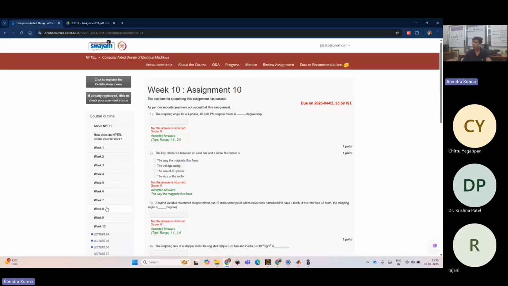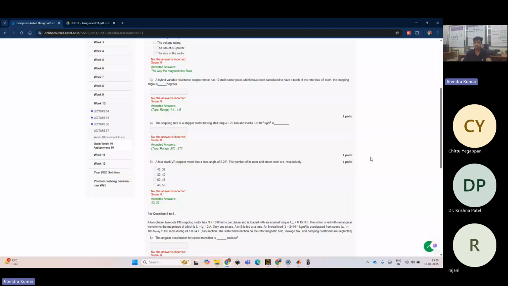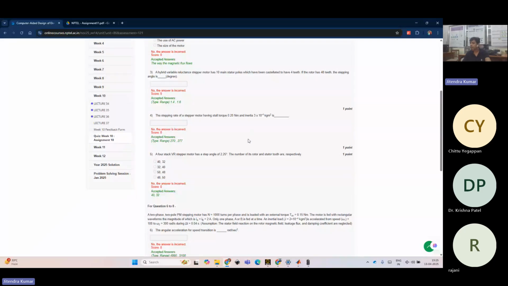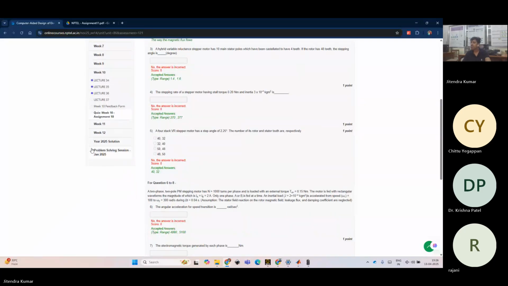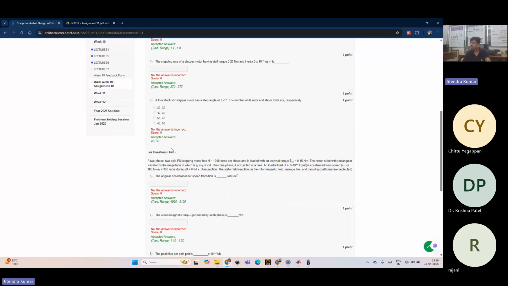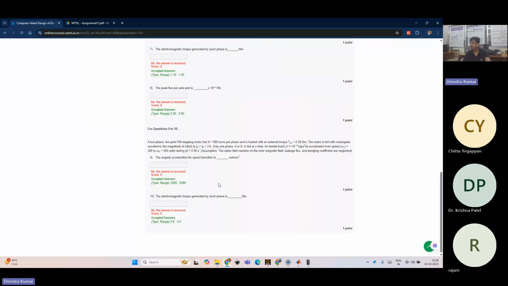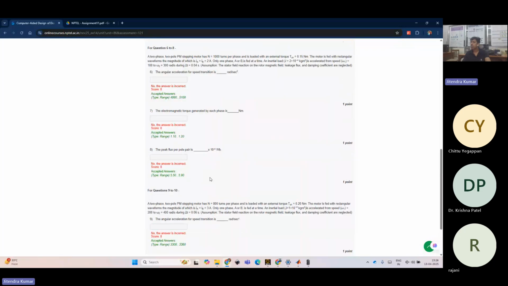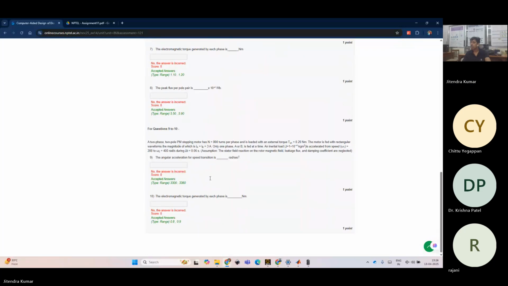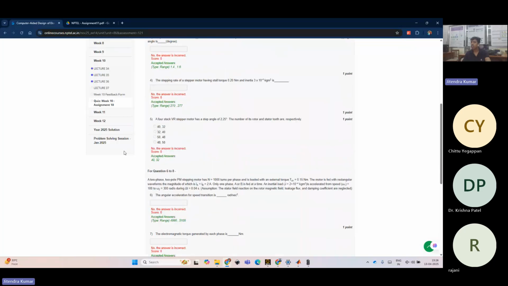But we had doubts from week 10. Yes, Rajini also messaged, from week 10 we had doubts. Which questions? Electromagnetic torque I could remember. 0.8 to 0.9.